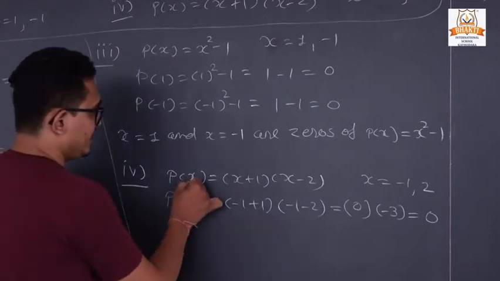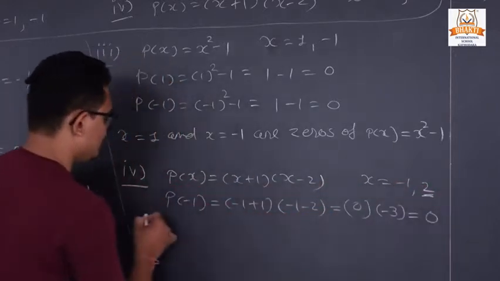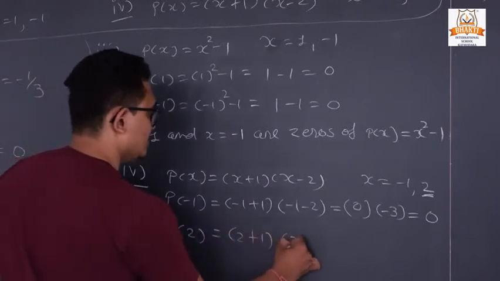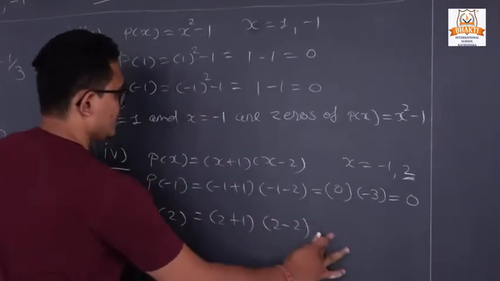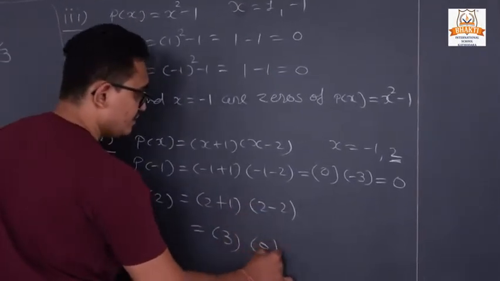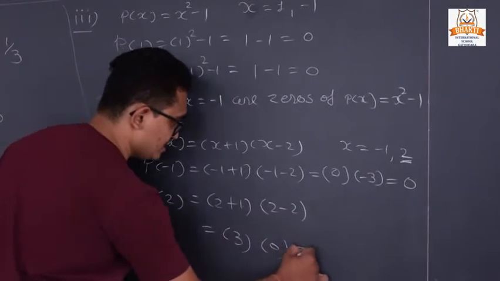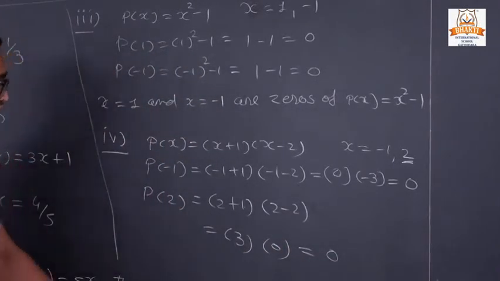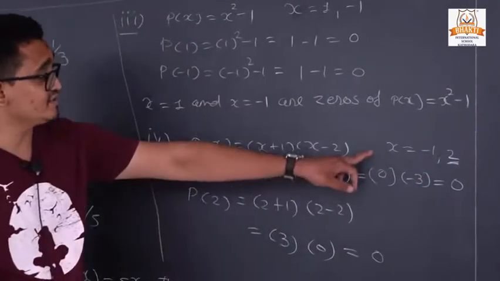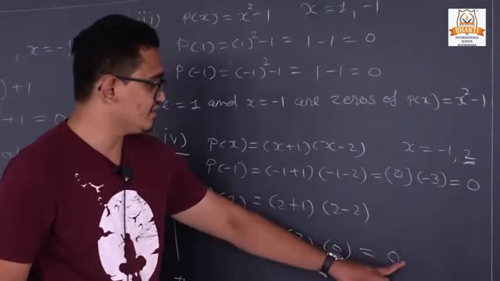Next, x is replaced with the second value, 2. So 2 plus 1 and 2 minus 2. 2 plus 1 is 3 and 2 minus 2 is 0. So 3 into 0, the answer is 0. It means in both cases we get 0 as our answer.